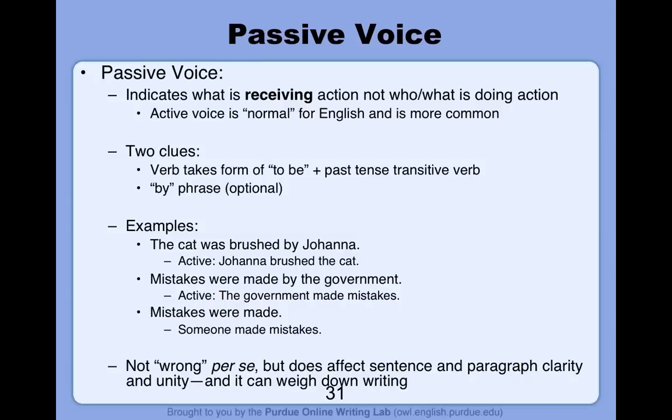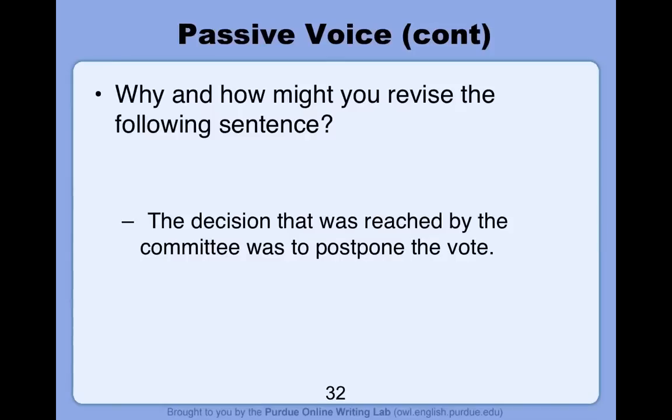So it's very important you understand the difference between the active and passive voice. Many students tend to think that good academic writing is written in the passive voice, and no, it's not. So strive for active voice in your writing.